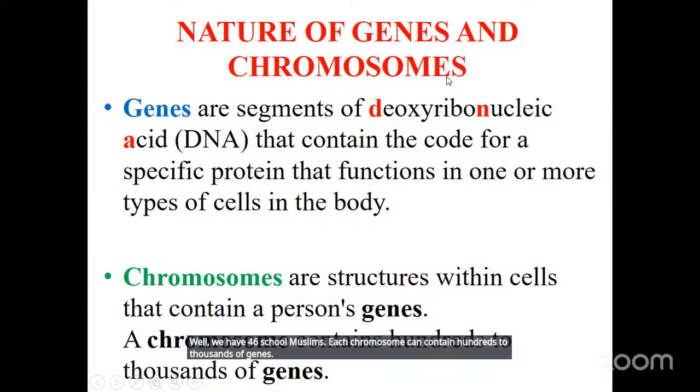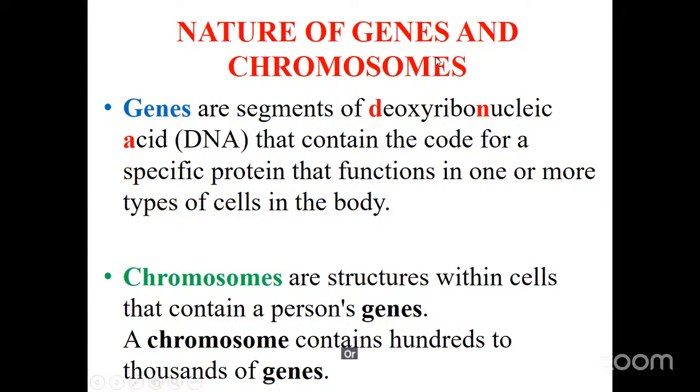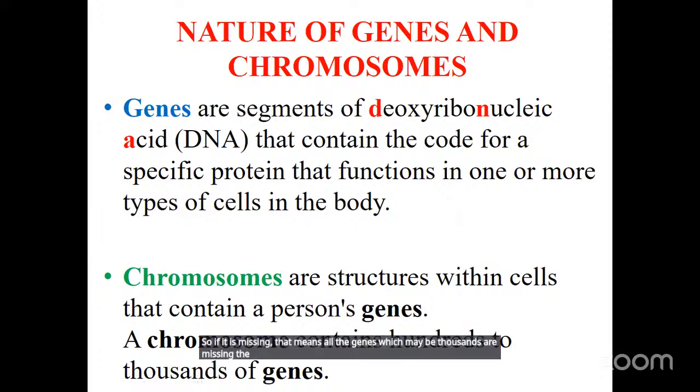So when a chromosome is missing or is defective or is duplicated, you can imagine the seriousness of the effect that can cause. If it is missing, that means all the genes, which may be thousands, are missing in the individual. And those genes contain information.